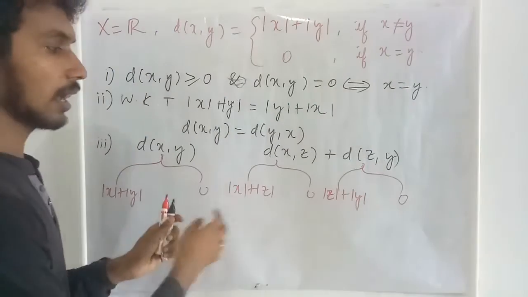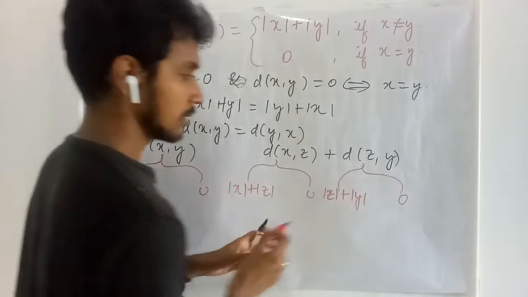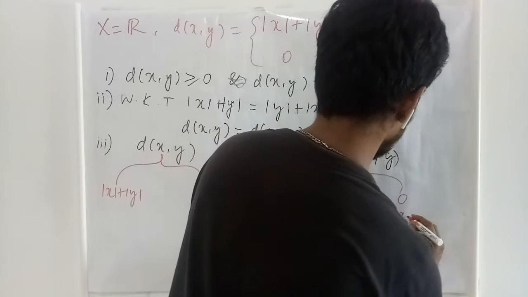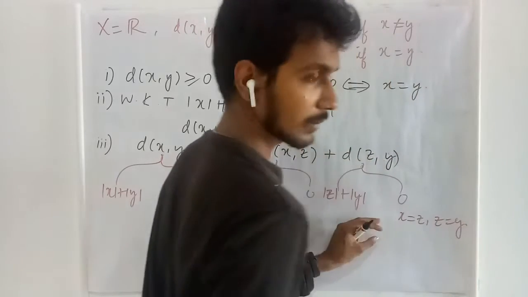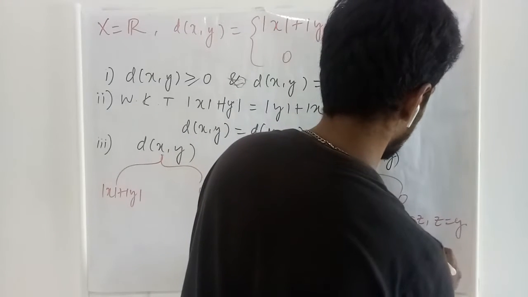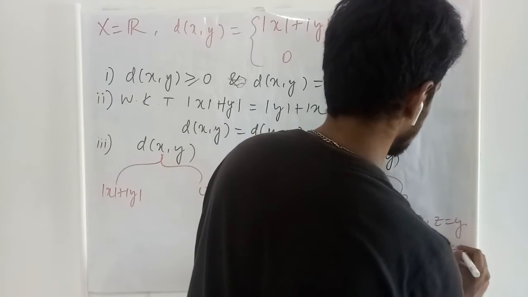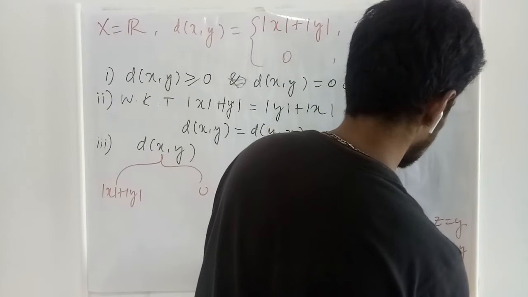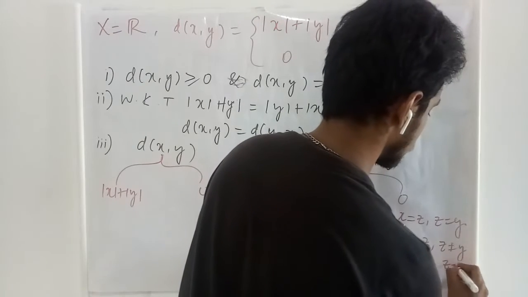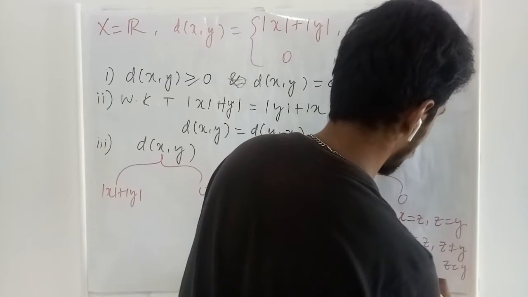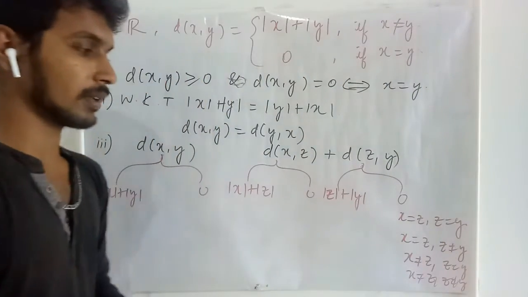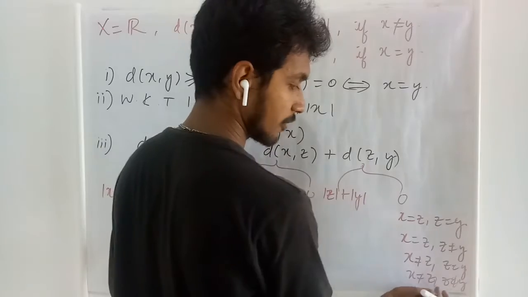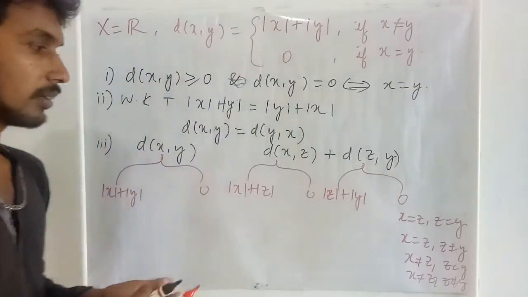Now, let us have the 4 different cases. That is, if x is the same as z and z is the same as y. And if x is the same as z and z is different from y. Then there are the cases where x and z are different and z and y are different.